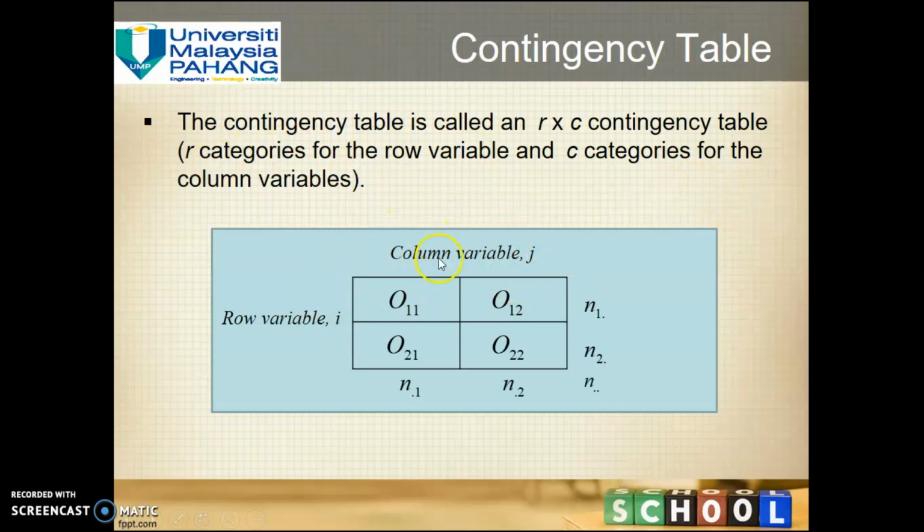The column variable is represented by J, where J goes from 1 until C. C is the number of categories for the column variable. I always represents the row variable and J always represents the column variable. The row and column variables here are qualitative variables, as we know chapter 6 is about qualitative variables.